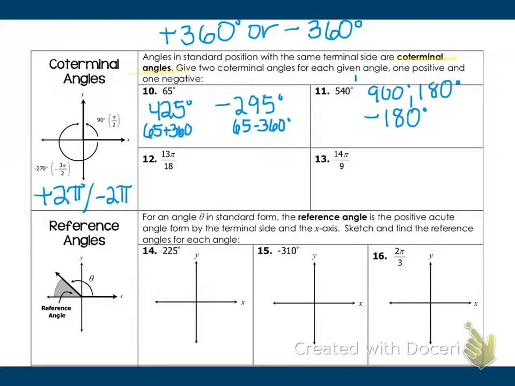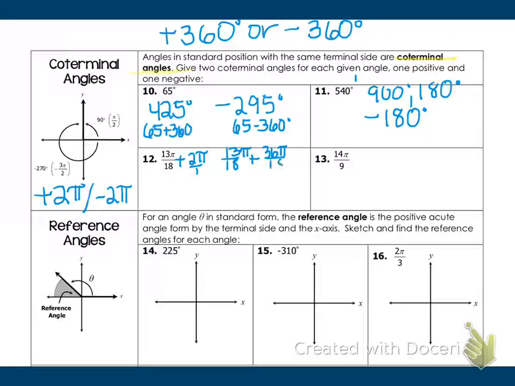So let's say I did that, and let's say I first wanted to add 2 pi to 13 pi over 18. Well, the first thing I notice is these don't have a common denominator, so I would have to get a common denominator to add them. So 13/18 pi has a denominator of 18. If I wanted to make 2 pi have a denominator of 18, I'd have to multiply the top and the bottom by 18, which would make that 36 pi over 18.